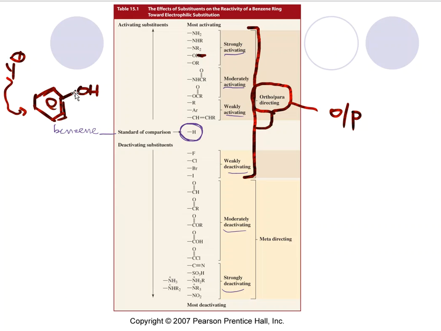They all direct it to the same spot, and that spot is O and P. Now down below, take a look at what's down below. These moderate deactivators and strong deactivators, folks, all of these are your meta directors that you're seeing at the bottom.